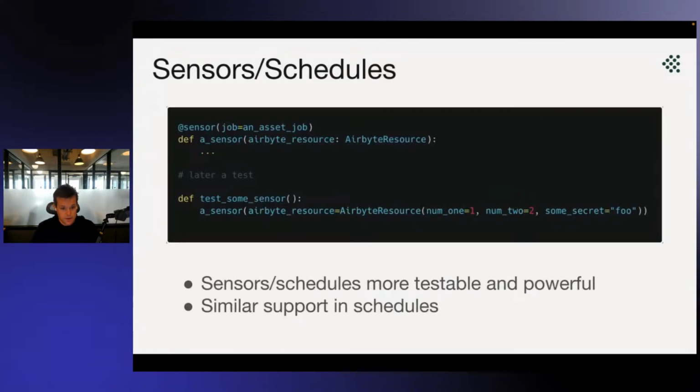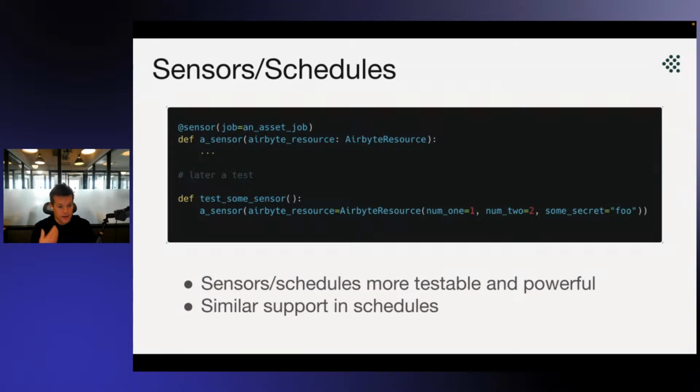So, schedules and sensors. Previously, prior to 1.3, schedules and sensors had nothing to do with resources. You couldn't pass them or use the capability. And the change to pass resources to top level definitions actually made this feature much easier to implement.